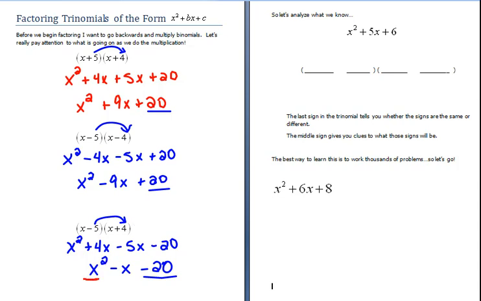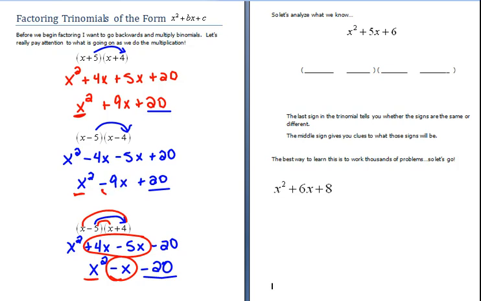This first term always comes from multiplying the first terms in the binomials. This is extremely important. Now, do you notice that the middle term here always came from combining what happens when we multiply their inner and our outer terms together?